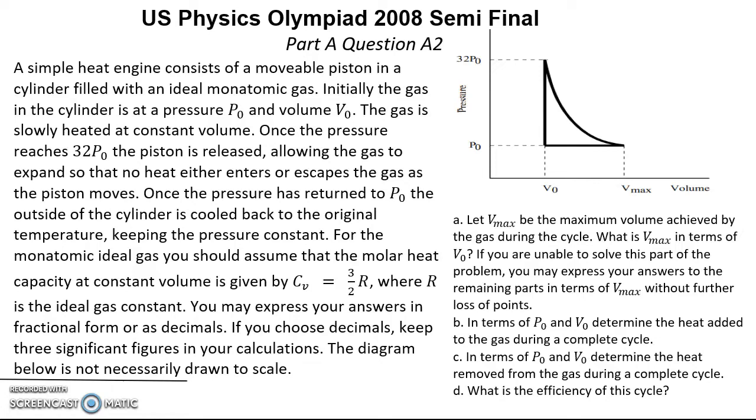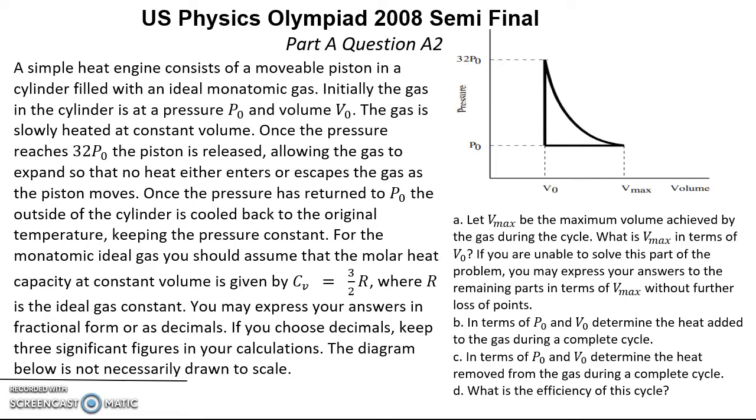Once the pressure has returned to P0, the outside of the cylinder is cooled back to the original temperature, keeping the pressure constant. For the monatomic ideal gas, you should assume that the molar heat capacity at constant volume is given by Cv equals 3/2 R, where R is the ideal gas constant.